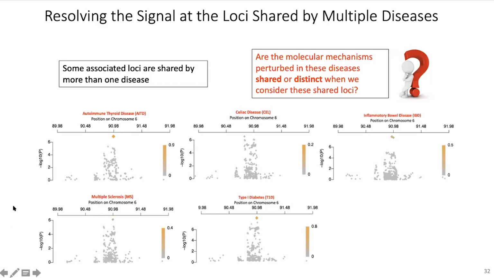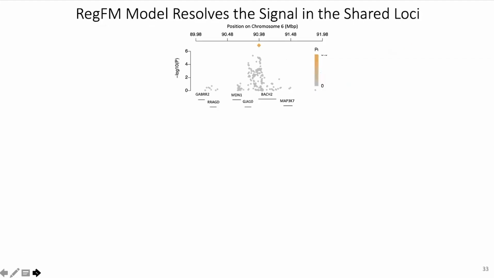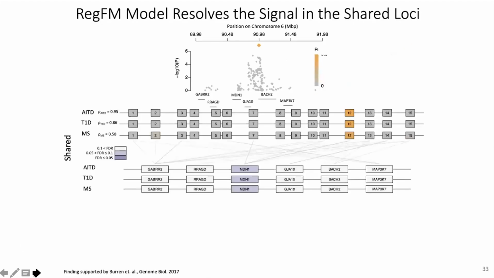One example is a region on chromosome 6 that has association to 5 different autoimmune diseases. We applied RegFM to all of these 5 diseases and found that for 3 out of 5, RegFM identified the same regulatory site and same gene to be relevant, meaning that the underlying mechanism for this locus could be shared for these 3 autoimmune diseases.